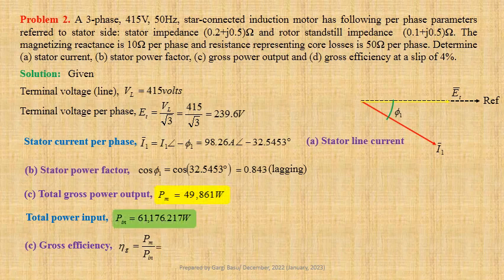Therefore, Eta G equals 49,861 divided by 61,176.217, that is equal to 0.815 per unit or 81.5%.